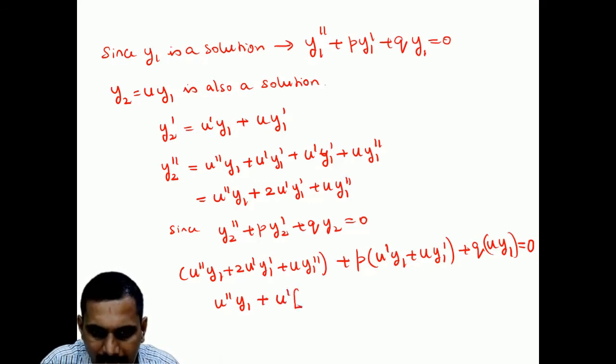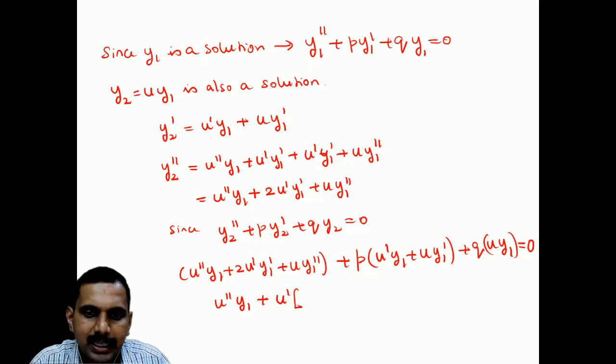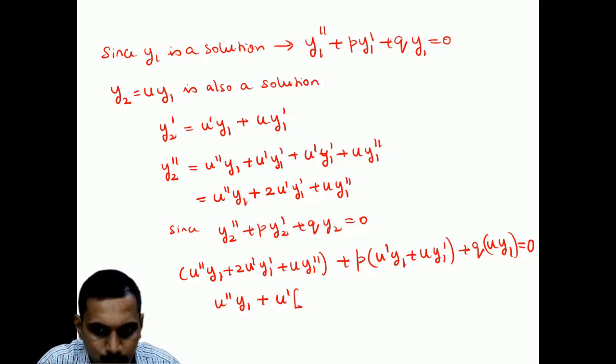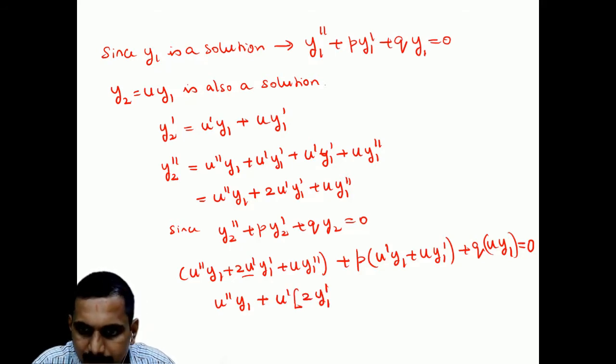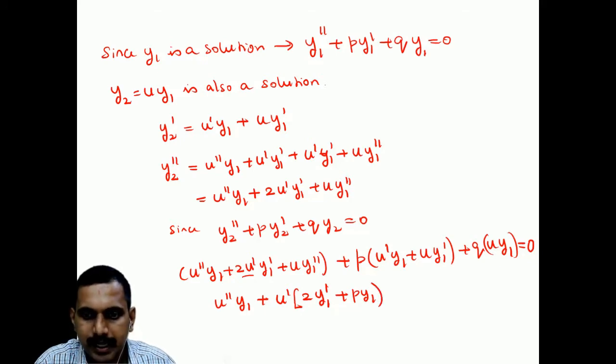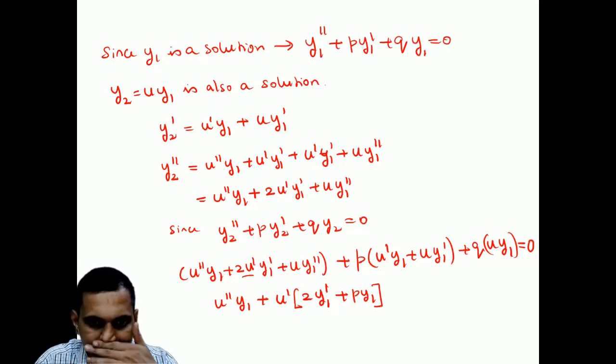If I consider this U dash, you can see here 2 y1 is there, 2 y1 dash is there, correct? And then we have taken U dash outside plus P y1 is there, correct? So that is what comes outside. I'm going slow, students, just see it, okay?